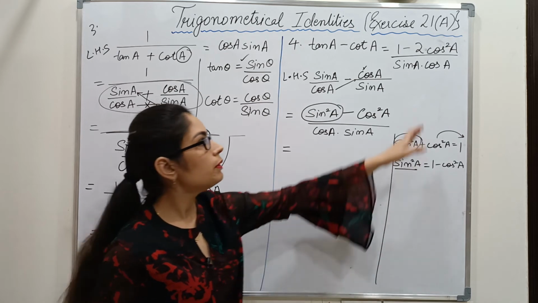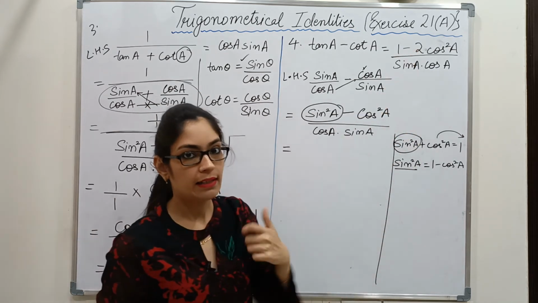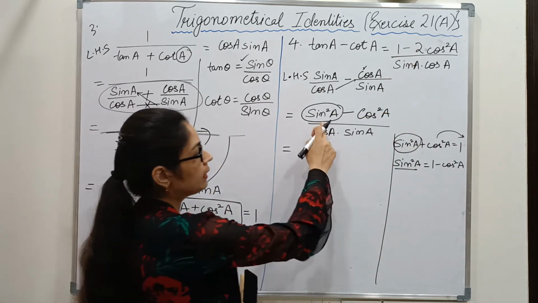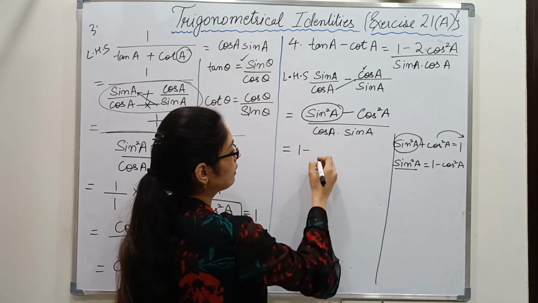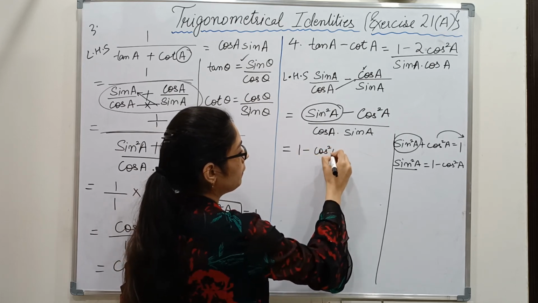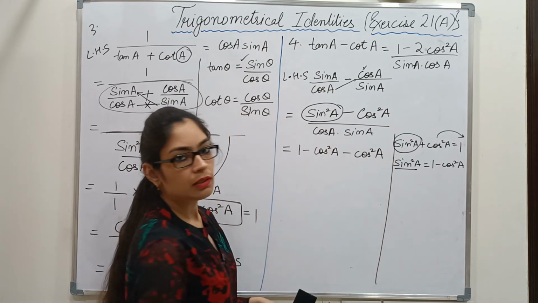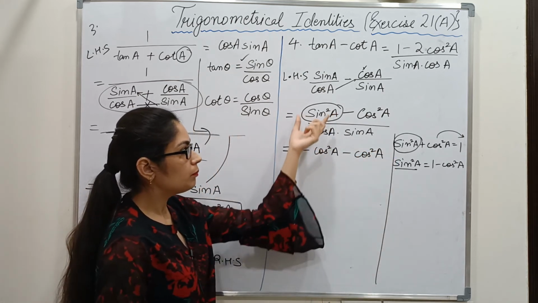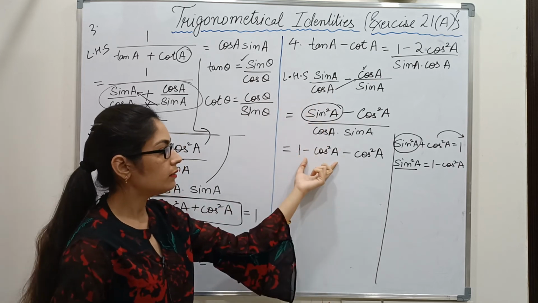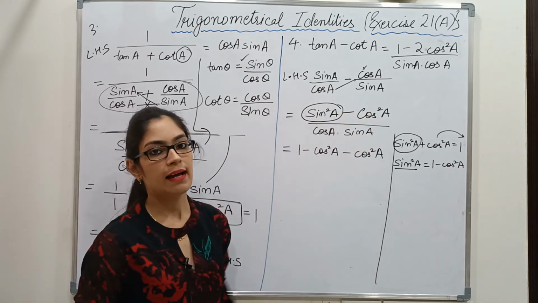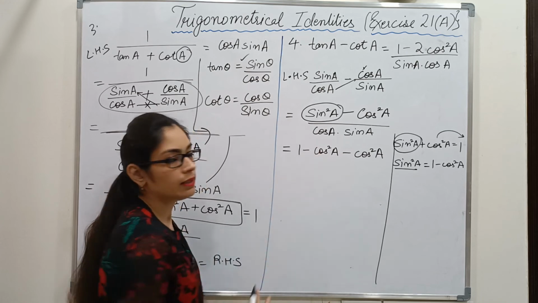Why are we doing this? Because we don't need any sine. So that is why we are doing this step. So in place of sine square A, let's write 1 minus cos square A, and minus cos square A as it is. I told you only in place of sine square A we are writing this, so we should write the rest as it is. Don't miss this thing that we have already written.